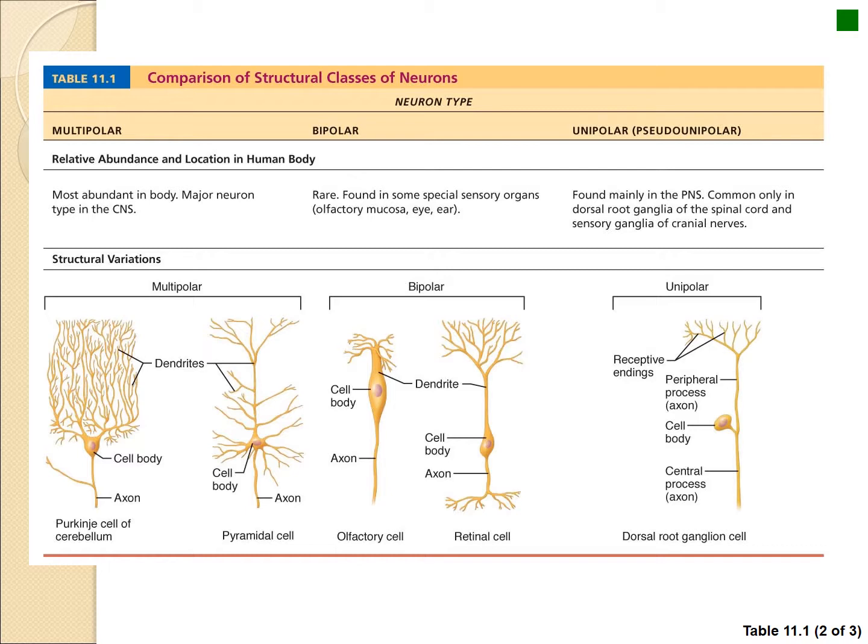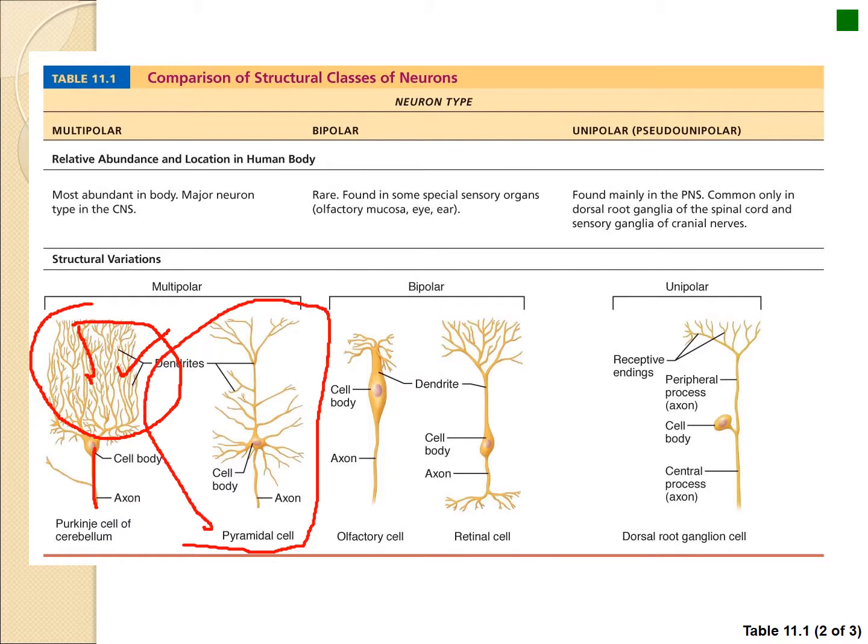Here again, we see Purkinje cells. These are found in the brain. Look at those dendrites. That's one bad hair day. So this takes an incredible amount of information and notice funnels it into one area. And this is sort of how these are a lot of times associated with memory. There's a pyramidal cell, again, found in the brain.